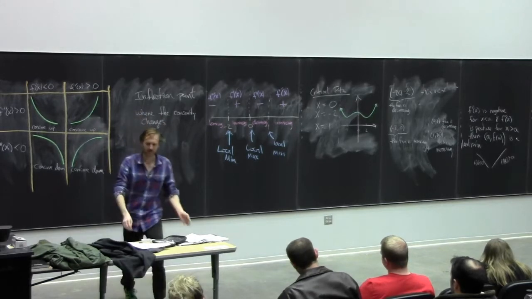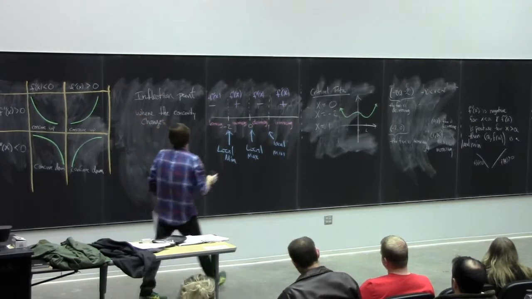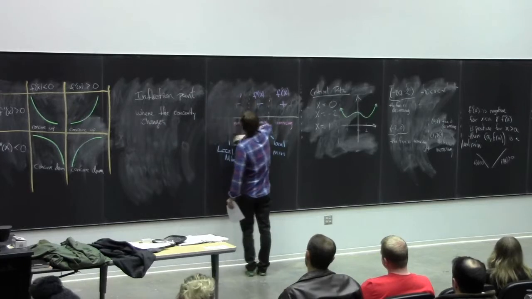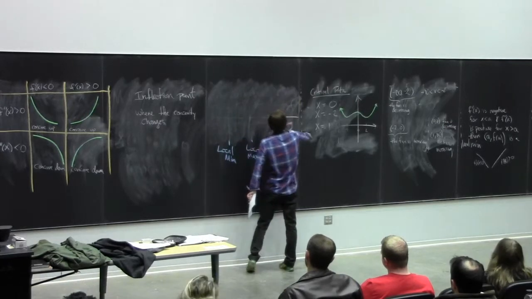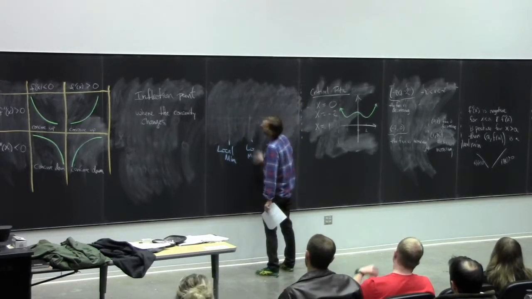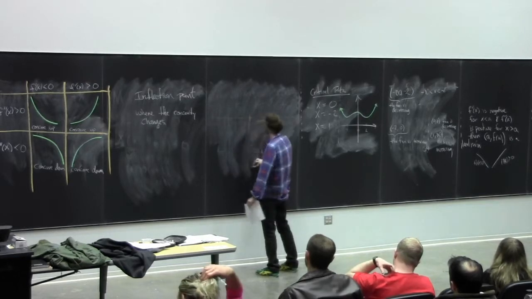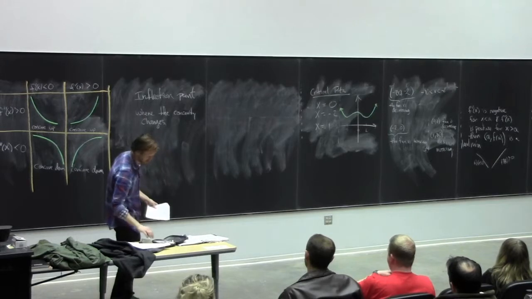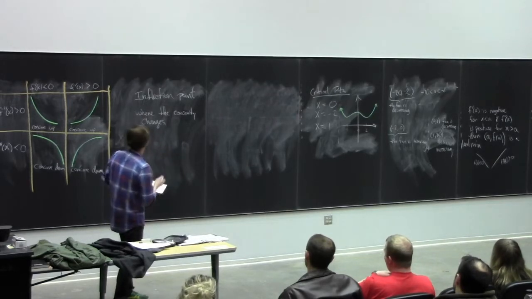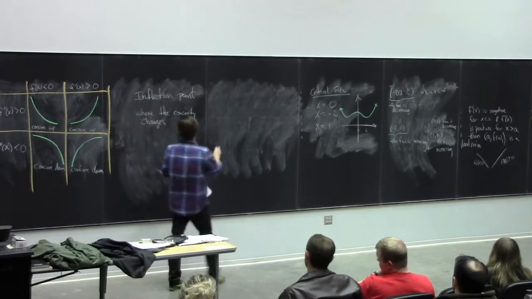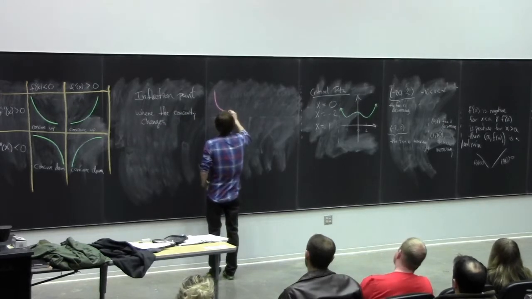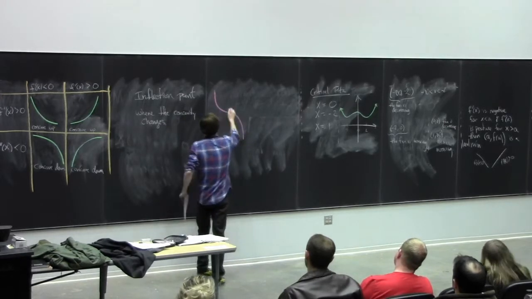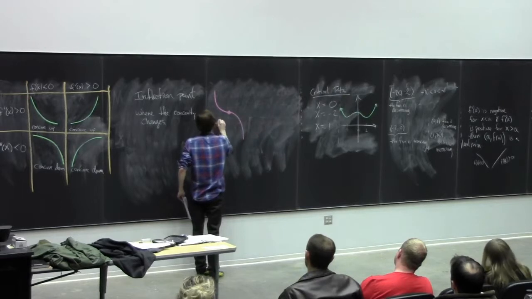And let me draw you some examples just to kind of explain that. It's upsetting to me at a deep level, maybe not that deep a level, that an inflection point is where the concavity changes and not where the derivative is 0. So check this out. Inflection points will be in pink. Boom, boom. This is an inflection point.